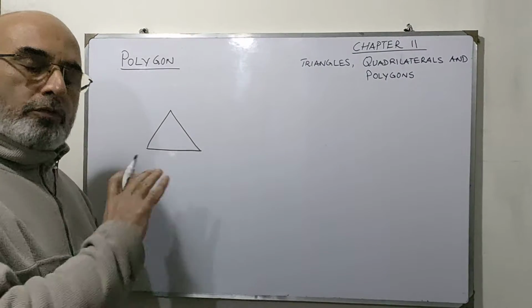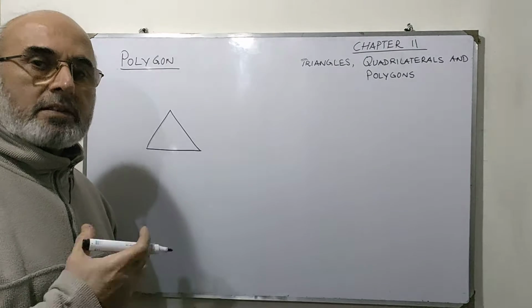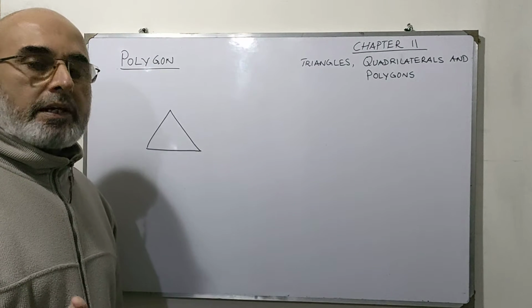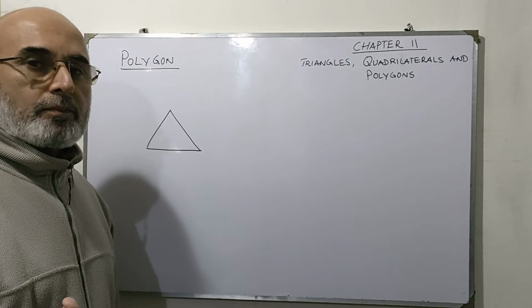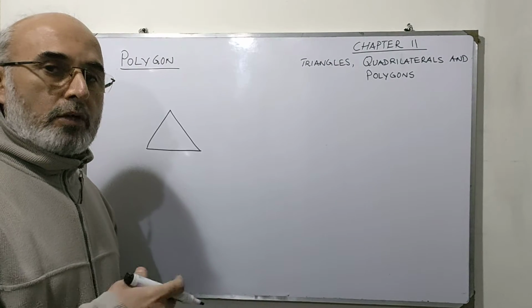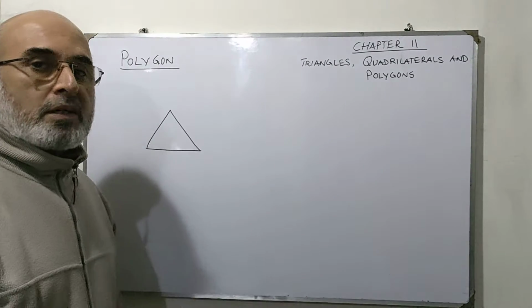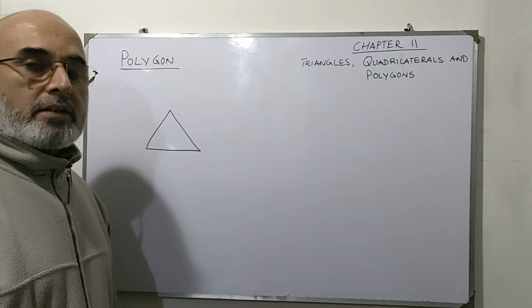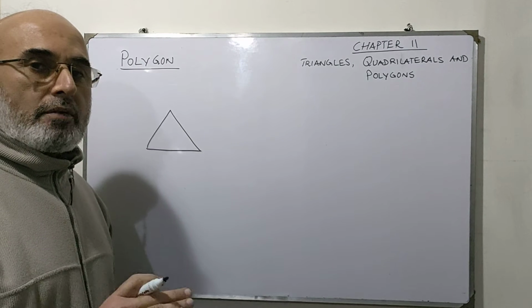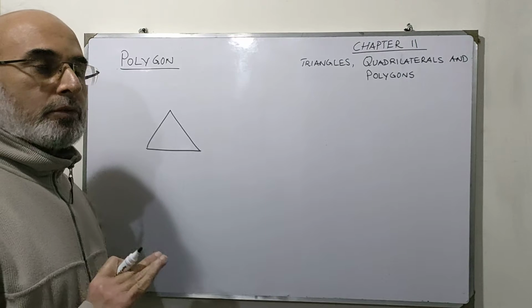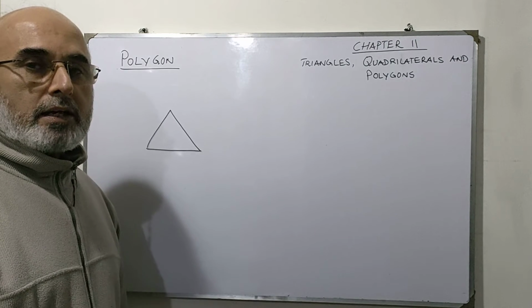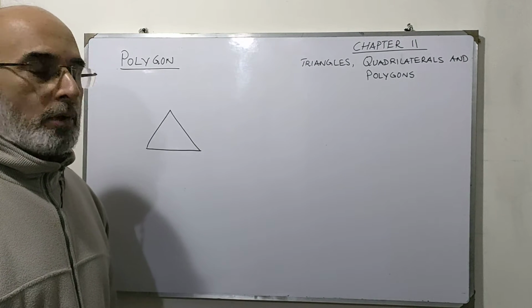Although we know the sum of interior angles of a triangle, since from a triangle we are going to move towards polygons with more sides, it's time now to have a formula to calculate the interior angles of a polygon.